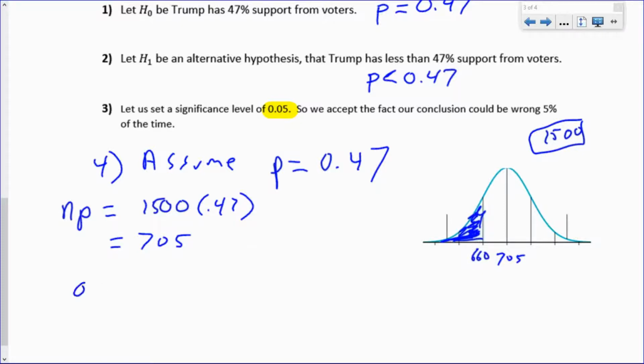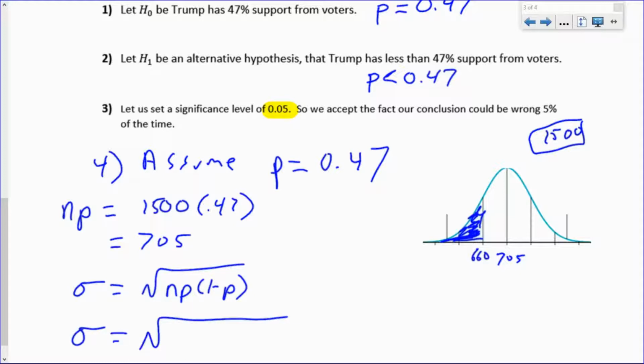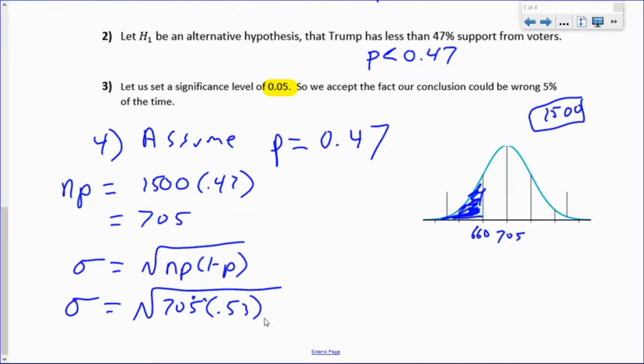So the standard deviation, again, we need this calculation. np is 705, and then 1 minus p would be 1 take away 0.47, which is 0.53, which gives us a standard deviation of approximately 19.33.